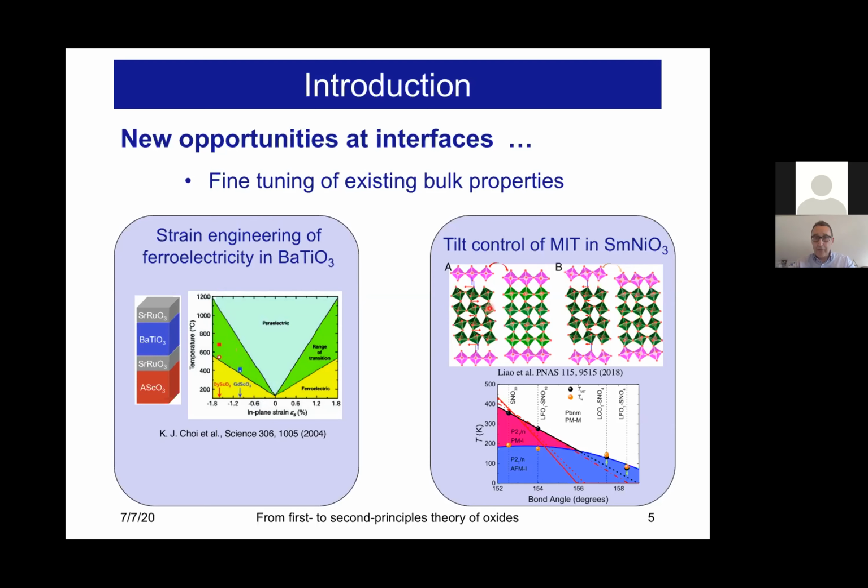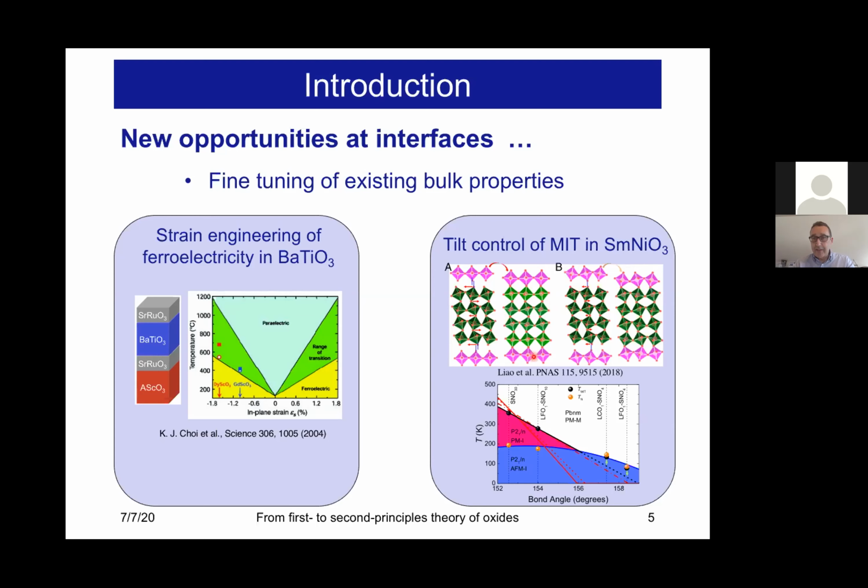This applies also to other kinds of transition, like recently, together with Manuel, we achieved some kind of tilt control of the metal insulator transition in nickelates. Again, if you take a nickelate material, and I will discuss a bit at the end of my talk the origin of the metal insulator transition in these materials, you will see that this transition is closely related to the amplitude of the rotation of the oxygen cages.